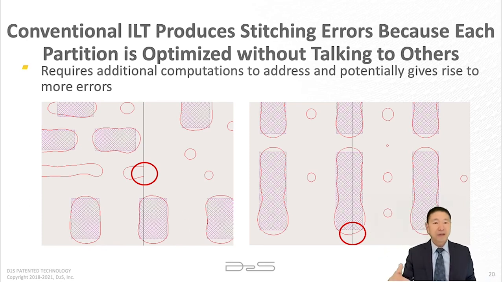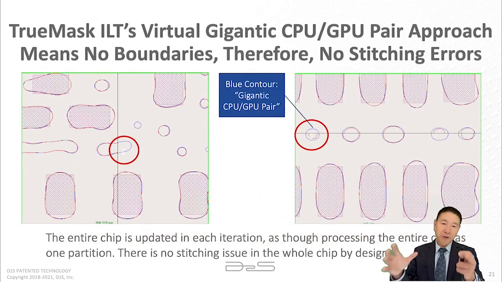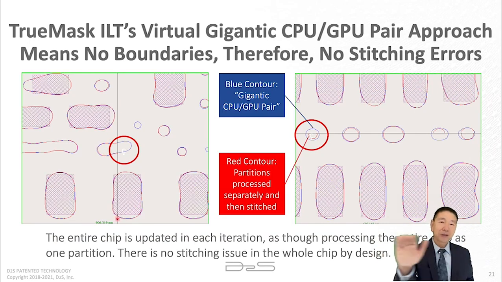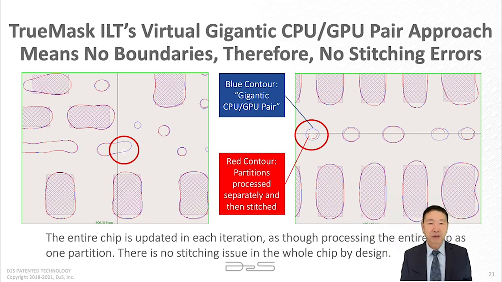But it won't guarantee you will solve the problem, because you create new partition boundaries. So the problem never ends. But then if you look at those results from a D2S stitchless approach, you see the SRAFs are all continuous across the stitching boundary, and even those main features are very smooth across the stitching boundary.